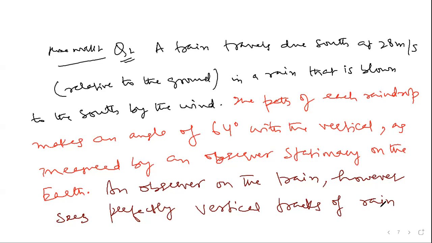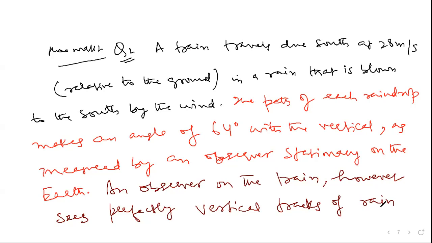The path of each raindrop makes an angle of 64 degrees with the vertical as measured by an observer stationary on the earth.